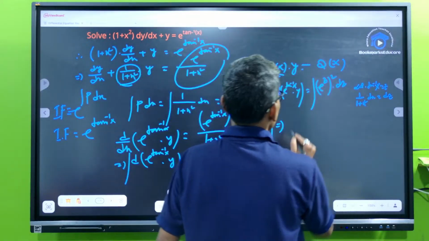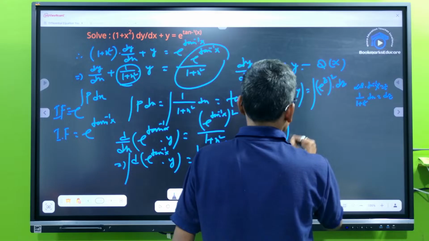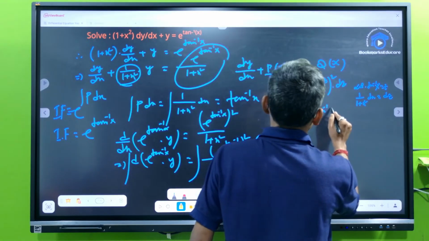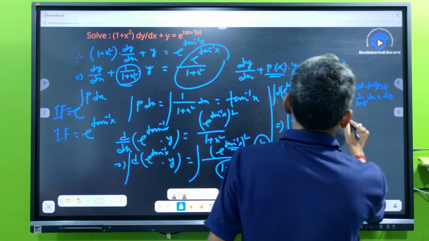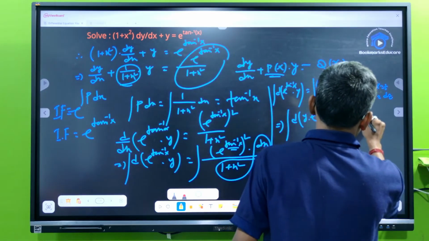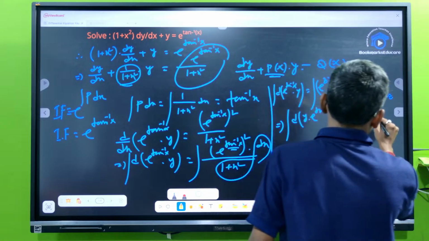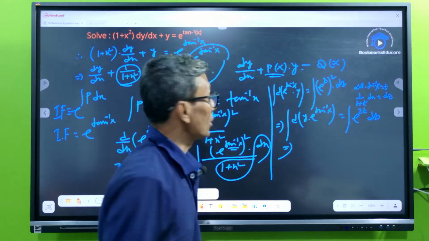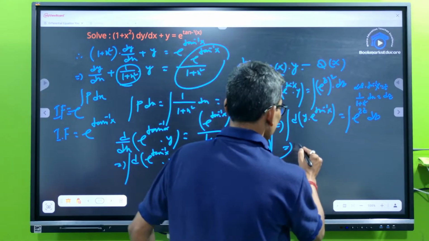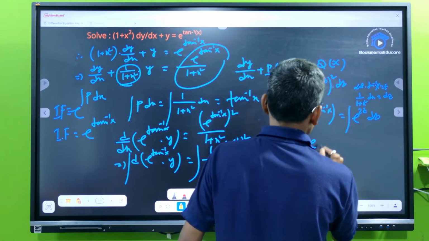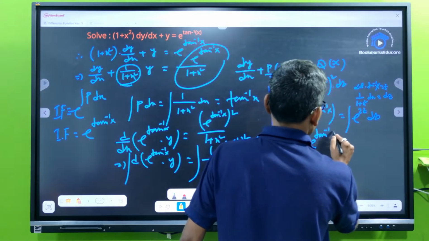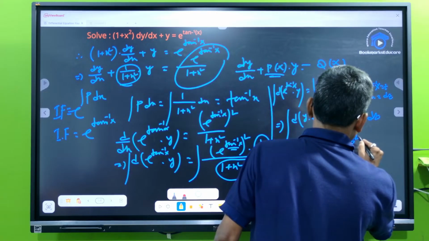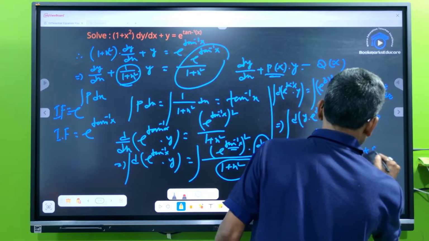So d of y into e to the power tan inverse x is equal to the integral of e to the power 2z dz. So the required solution of this equation is y into e to the power tan inverse x is equal to e to the power 2z by 2 plus c.